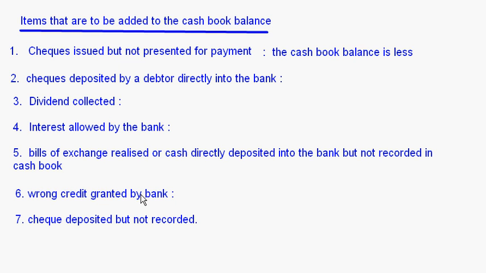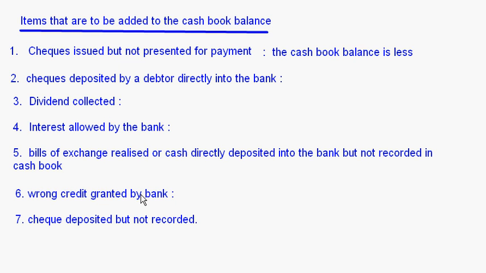Any dividend collected by the bank, that increases the bank balance, but the cash book balance is still less because the information has not yet been received, and the entry can be made only after receipt of information from the bank that they have collected the dividend, right?